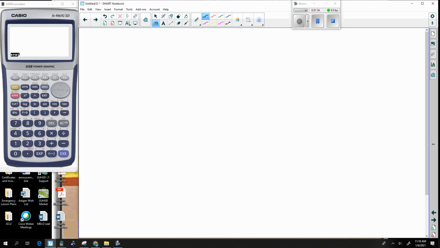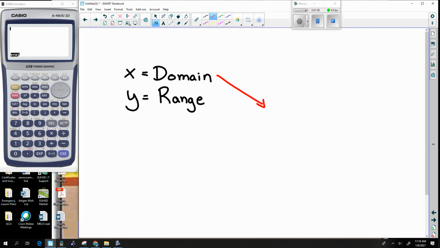And more advanced, if you kind of know what I'm talking about, it might be not. If x is defined as the domain of something, and y is defined as the range of something, x is the domain, y is the range, and I take an inverse of that. So notation is this. This is an equation.